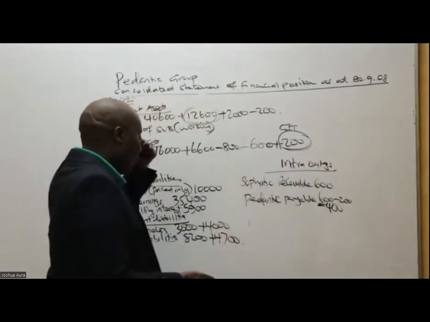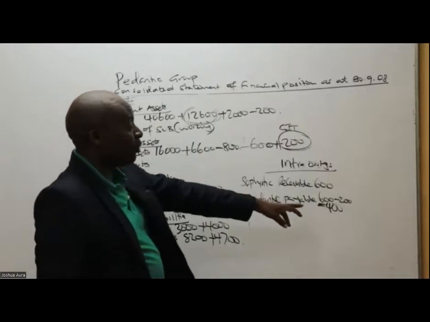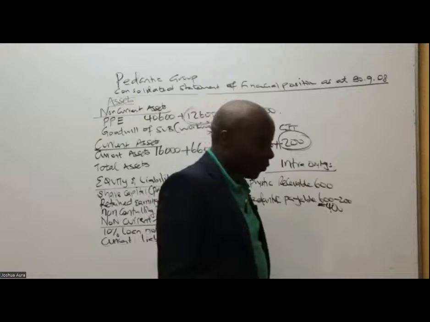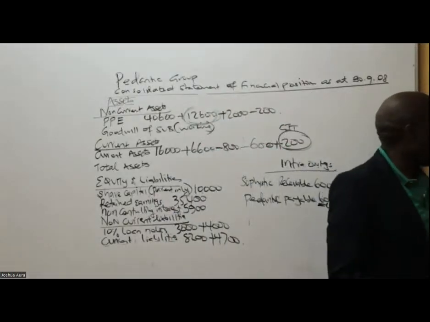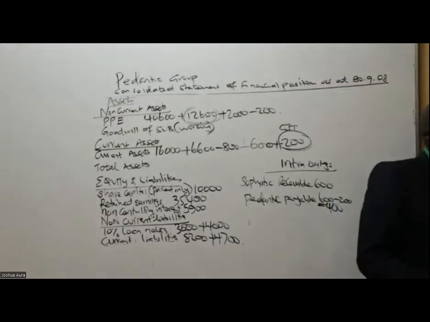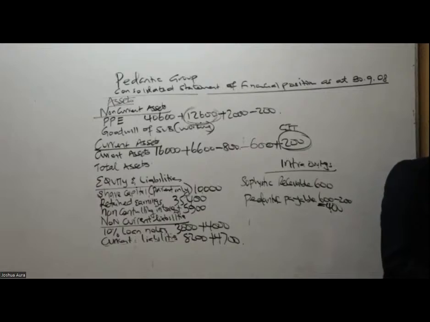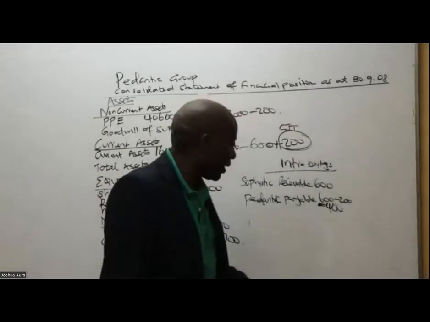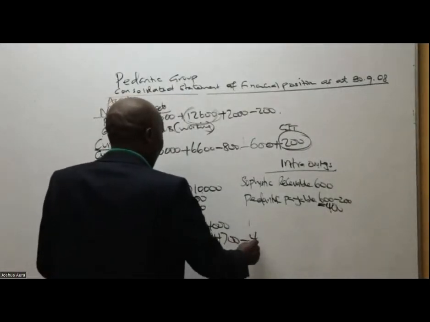It's a fake payable. So where do we deduct this fake payable of 400 from? Current liabilities, right? So from current liabilities, you say minus 400.